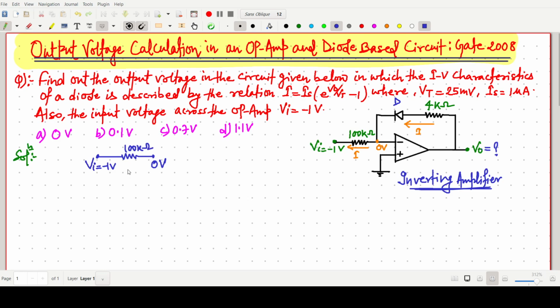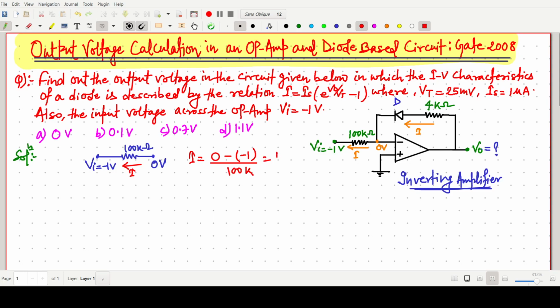So we have to find the current in this one, which I am calling I. This I can be simply written as higher potential 0 minus minus 1 volt divided by resistance 100 kilo ohm.